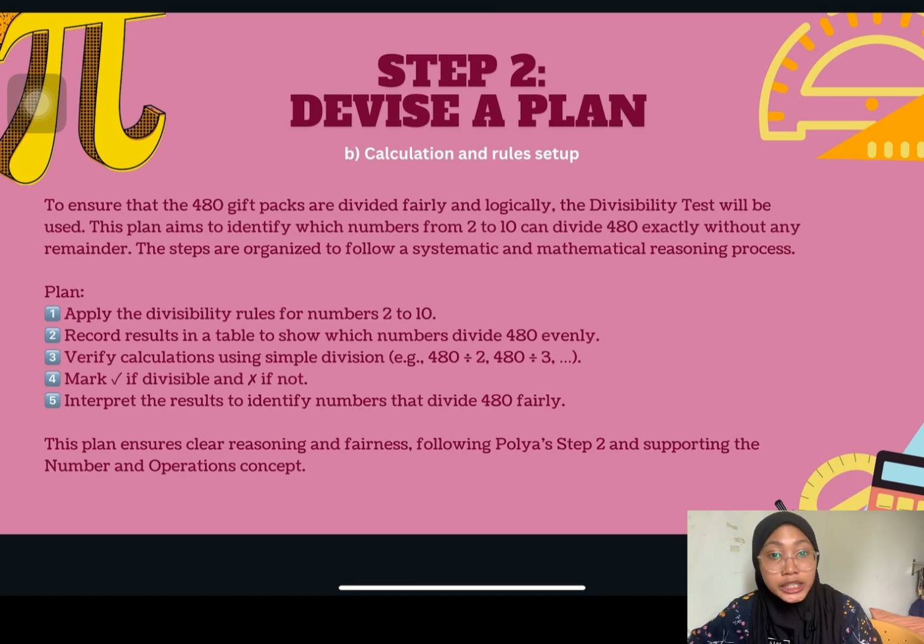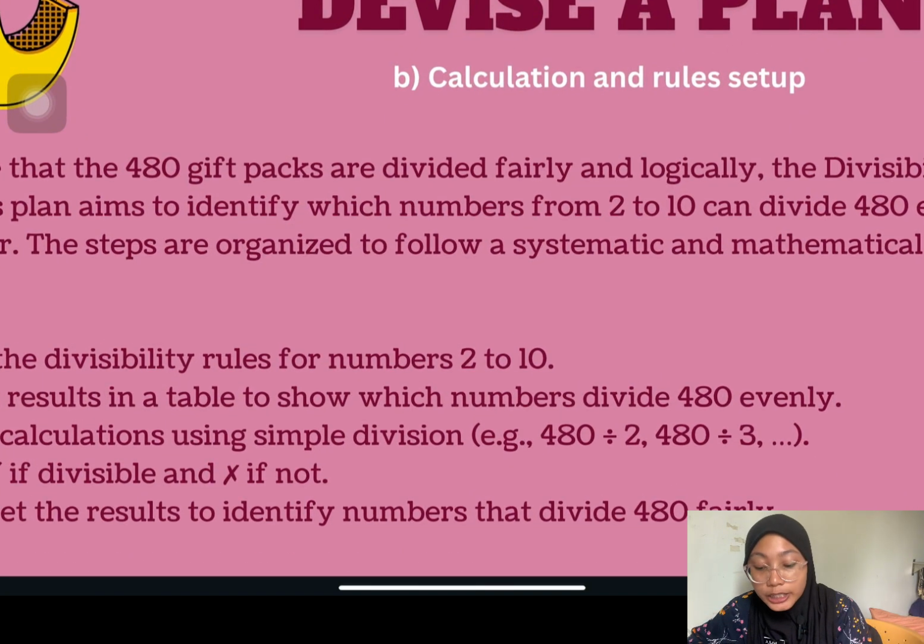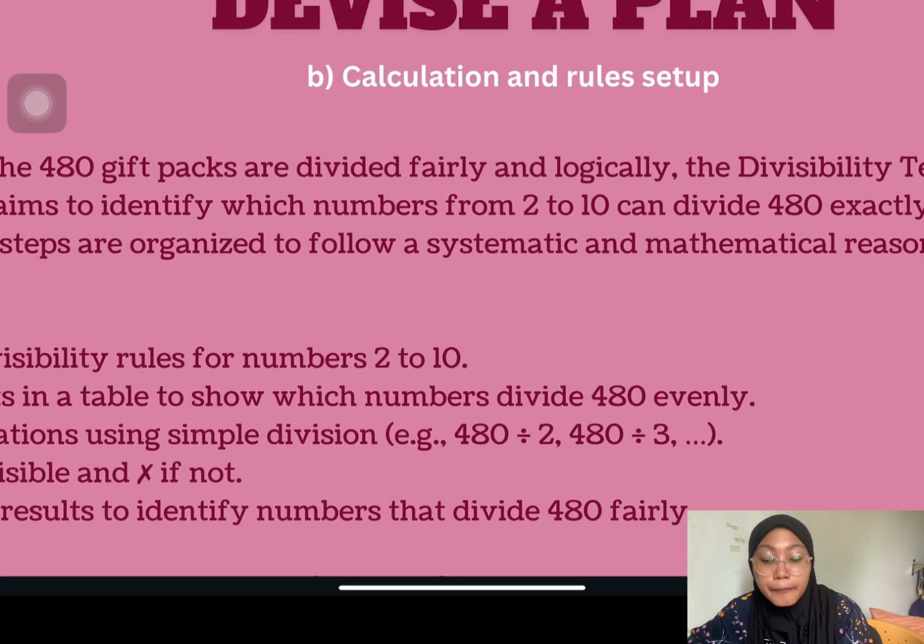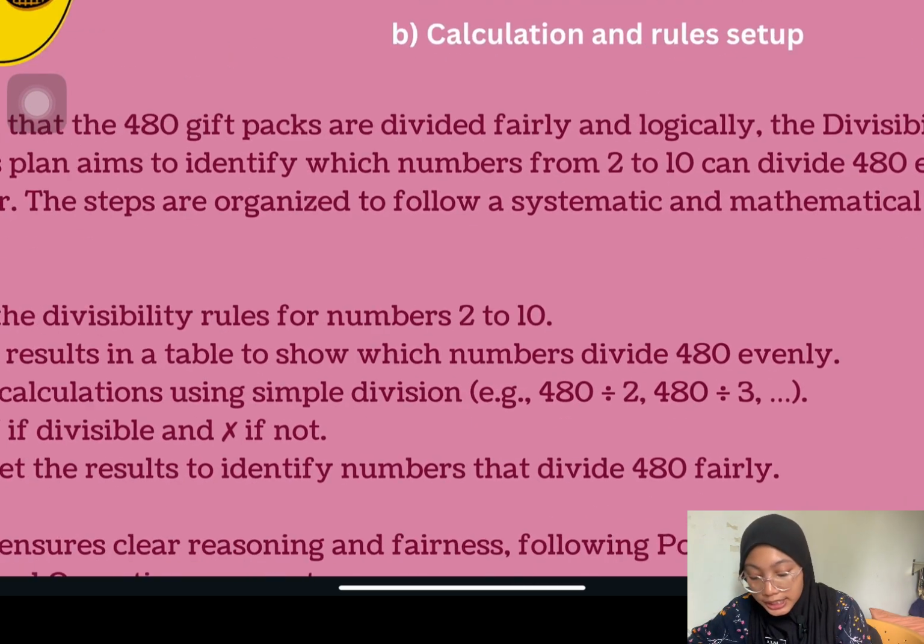As you can see, I used the divisibility test to solve the question. This plan aims to identify which number from 2 until 10 can divide 480 exactly without any remainder. The steps are organized to follow a systematic and mathematical reasoning process.